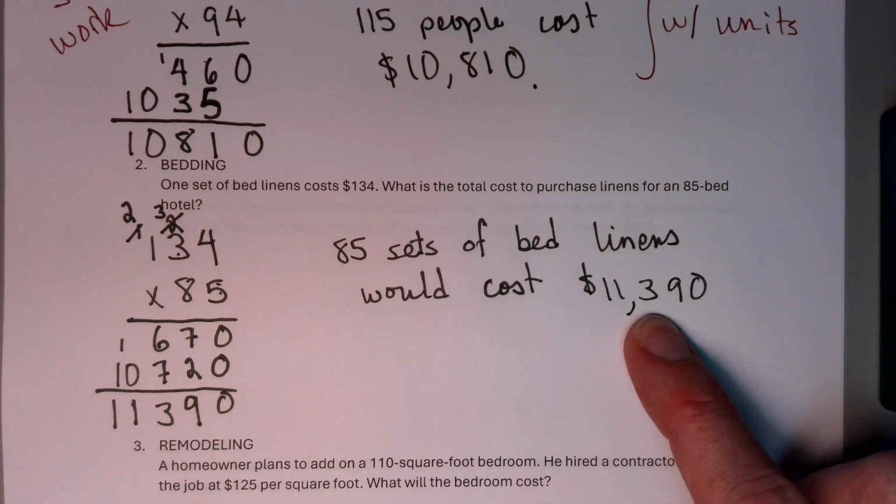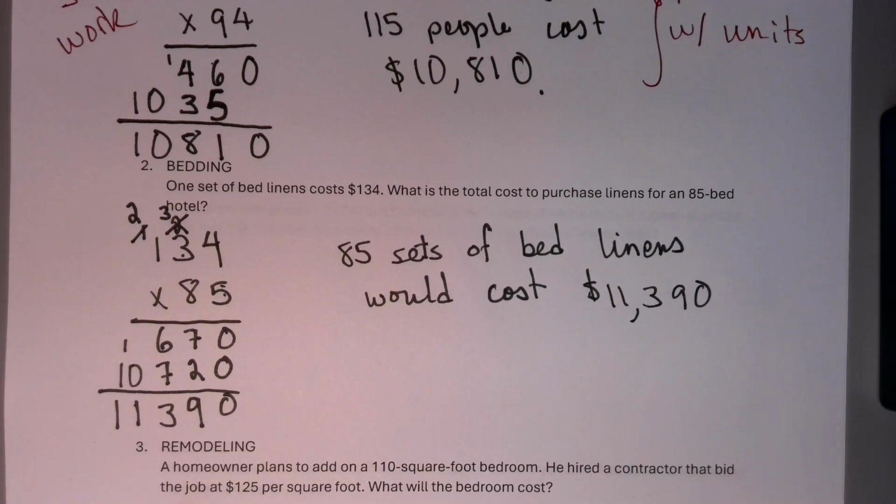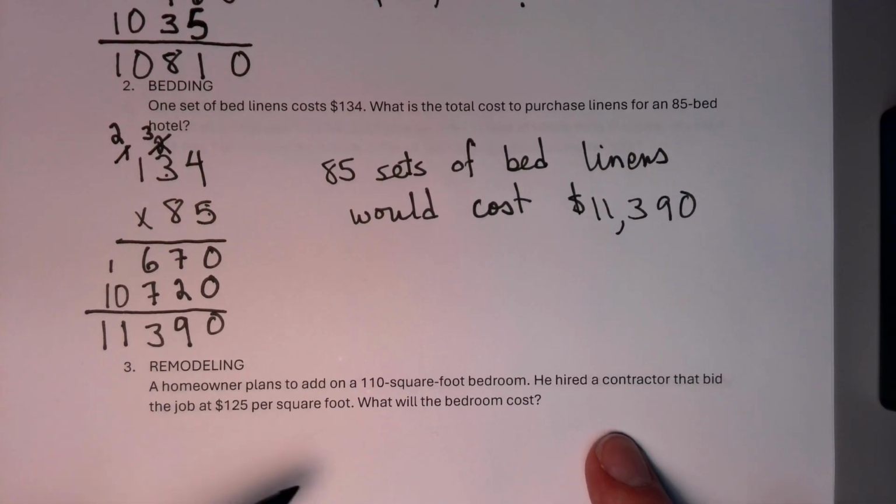We remember back from the very first section, this is the ones period, and then we go into the thousands period. Okay, this is another multiplication problem, so I'm going to skip doing that. I'll write it out and put it in the notes and scan it for you.